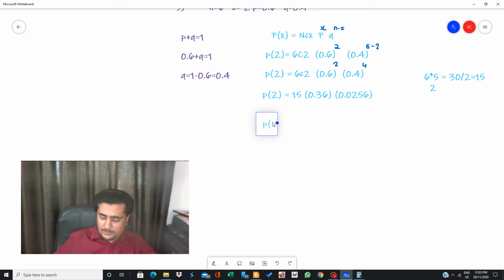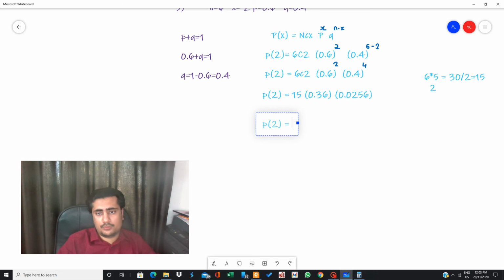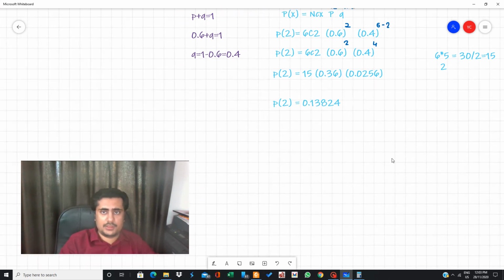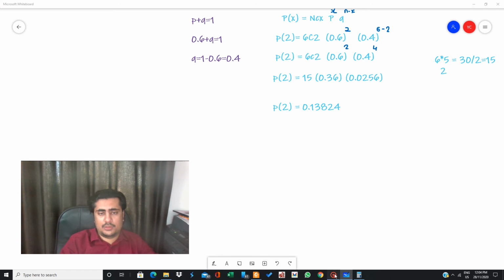So my P of 2 will be 15 into 0.36 into 0.0256. So it's 0.1382. You can write it as 0.14 or you can write 4 digits, 0.1382. Both are correct to their calculation.